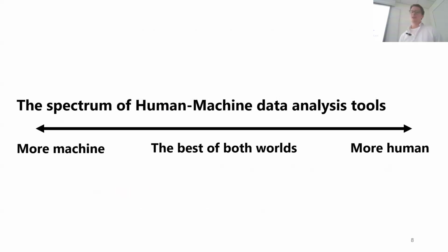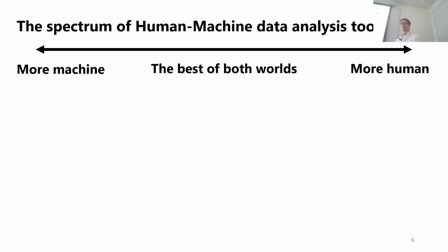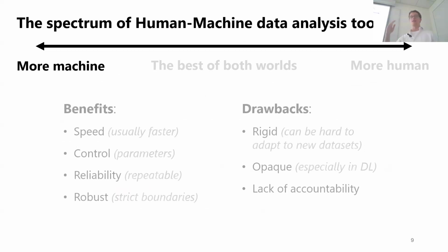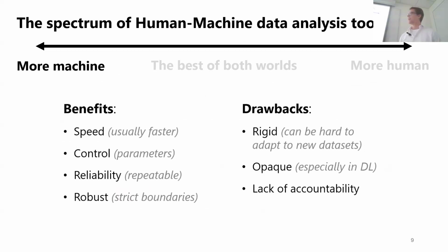And so to better understand the trade-offs of agency and communication during data analysis, I've been developing this preliminary model of interaction as a spectrum of human-machine tools, from tools that fully automate analysis to ones that keep humans in the driver's seat of doing analysis. On the side of machines, you typically have the benefits of a more controlled, repeatable, robust algorithm.